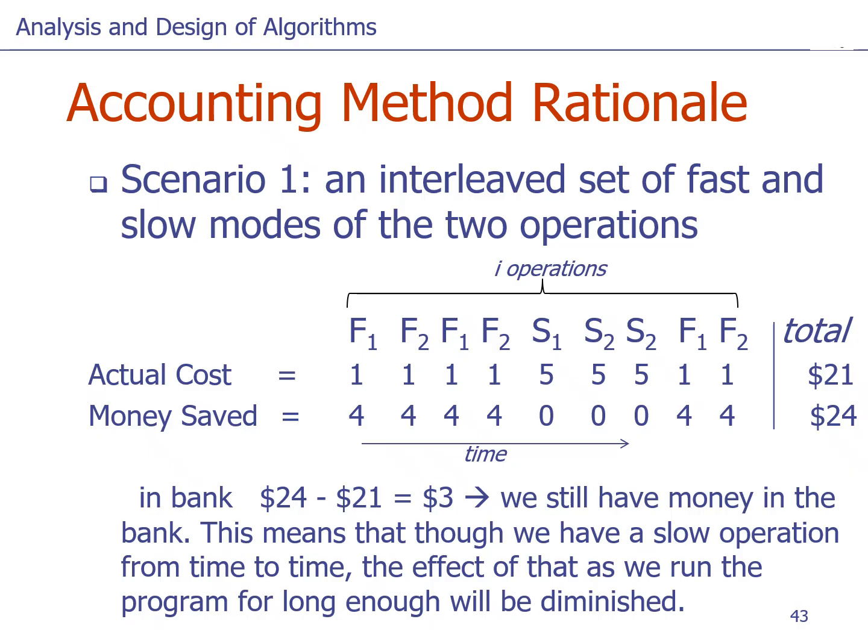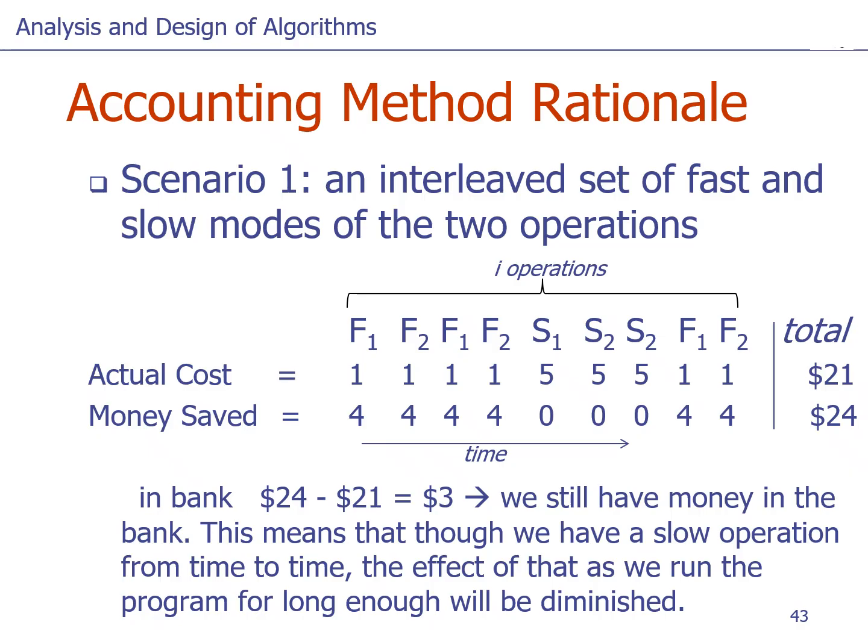So the amortized cost we said is going to be 5, okay? Which means at most we can pay $5 for an operation. And since that's at most, at minimum we're paying 1, which is the actual cost. Now, what that means is when I executed the fast version of operation 1, and instead of paying the 5 that was planned, that is hypothesized, I pay only 1, so I'm left with $4 I could spend later on.